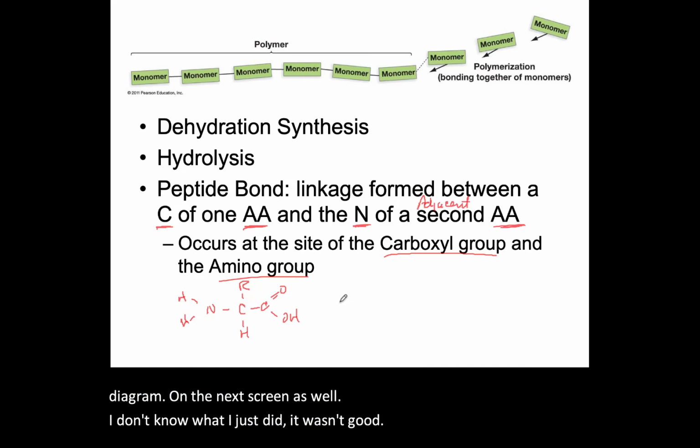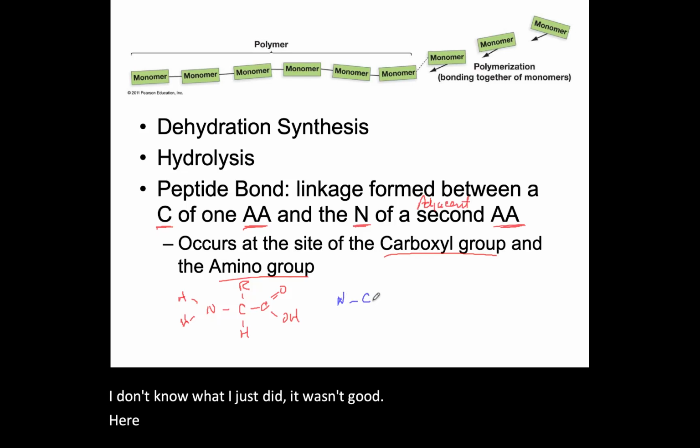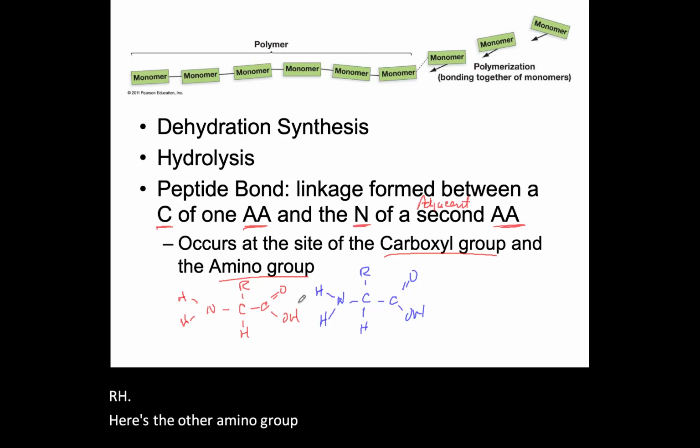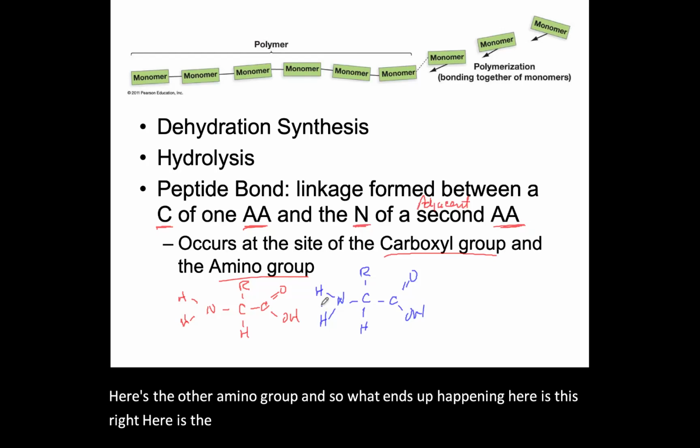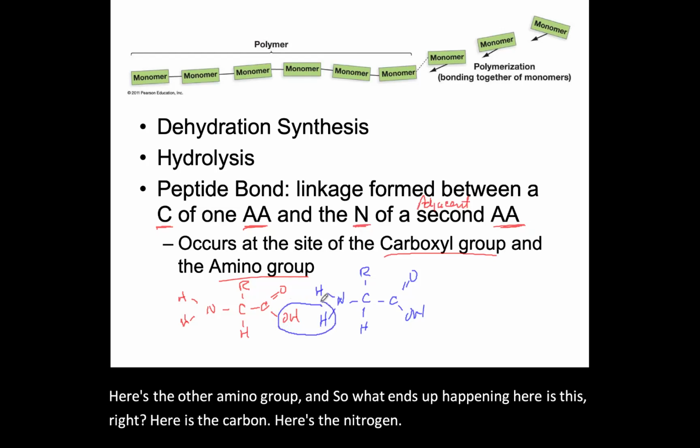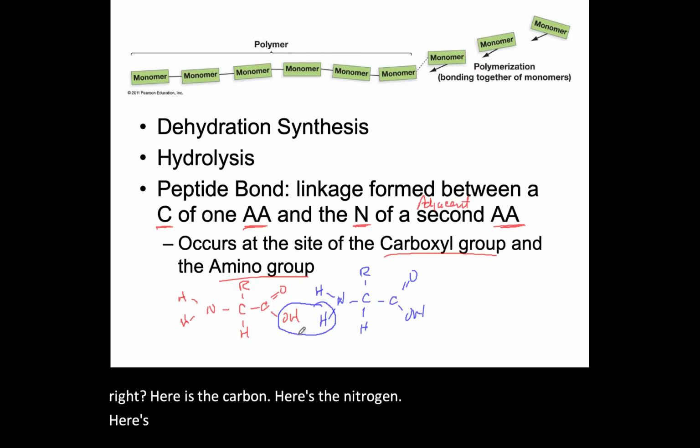Here is nitrogen, carbon, carbon, OH, R, H. Here's the other amino group, and so what ends up happening here is this. Here's the carbon, here's the nitrogen. Here's the OH. We produce that H2O.